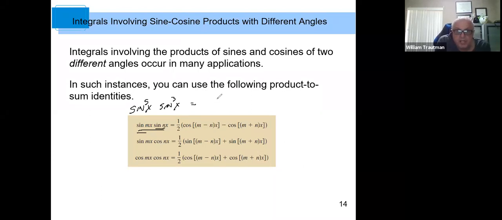All right, so you're going to change this to 1/2 cosine. The first one is the m, the second one is the n. M minus n, 5 minus 3, which is 2. Then minus cosine m plus n, 5 plus 3, which is 8.